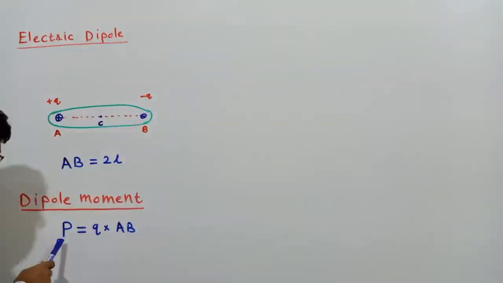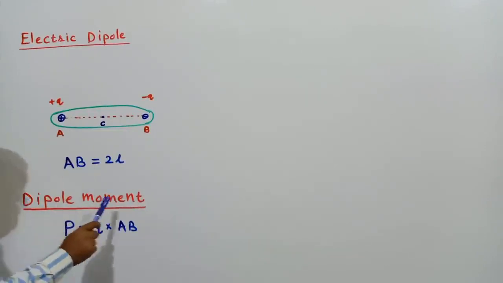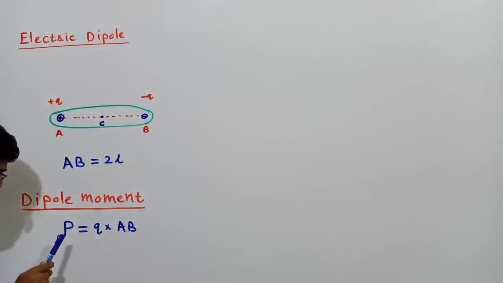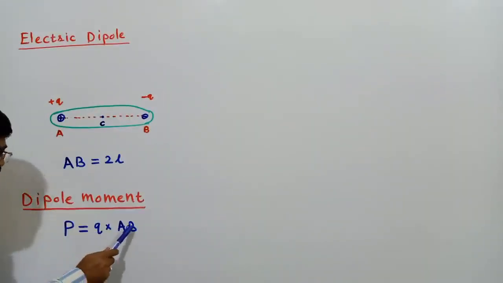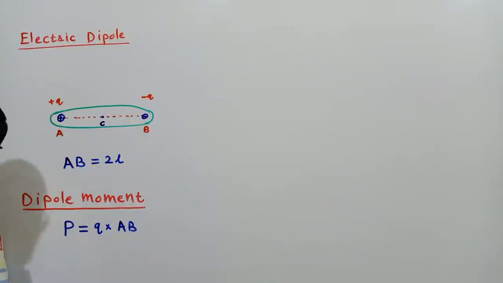Let me focus here. So what did I say? The strength of the dipole is given by this quantity, represented by the capital letter P, and it is calculated as this product. I can substitute the value of 2AB, which I have already made ready deliberately.